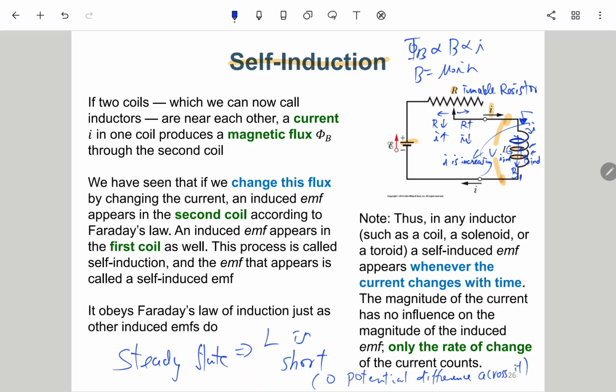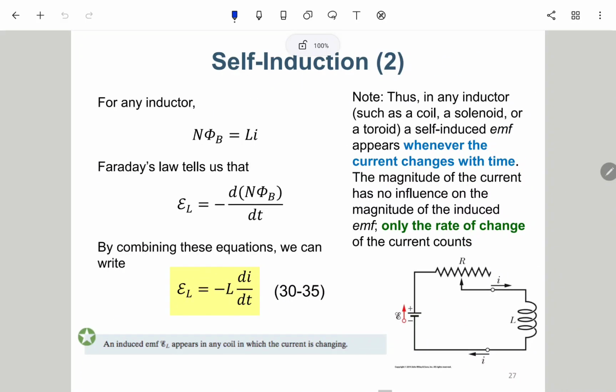In the time domain, in steady state, L will be like a short circuit, but the capacitor will be like an open circuit. We will see more about that later on. Okay, so here we try to consider.